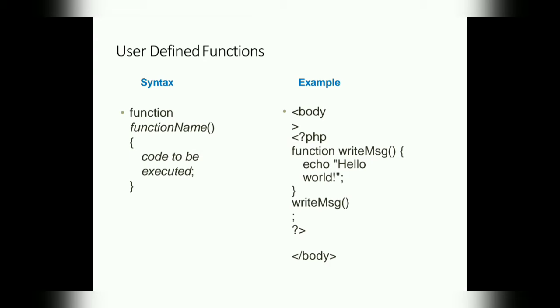In that I have provided a function write message, and in the function there is a statement hello world. Now the code block of the function is ended, and again I am giving a call to the function write message. Okay, simply just providing a call.